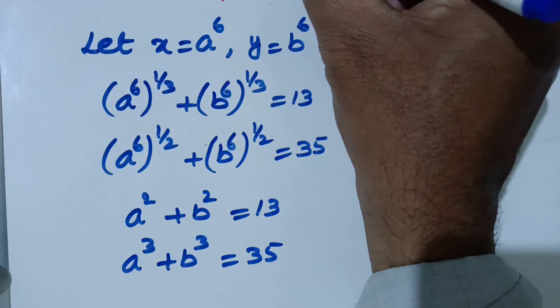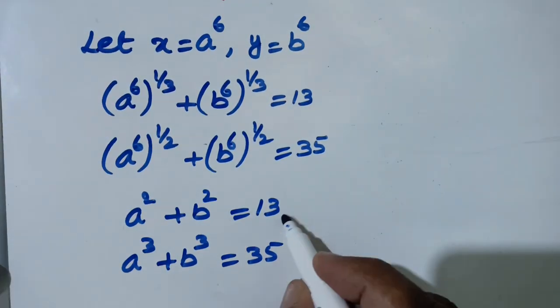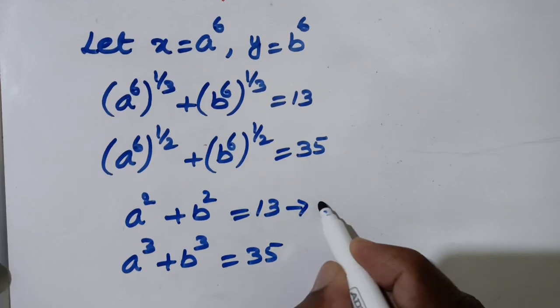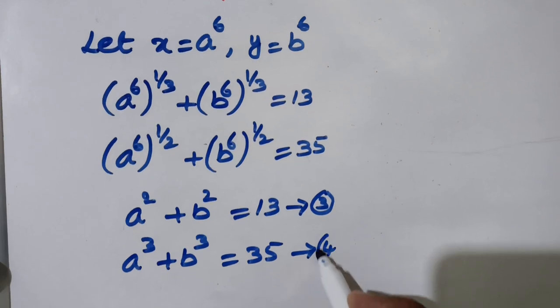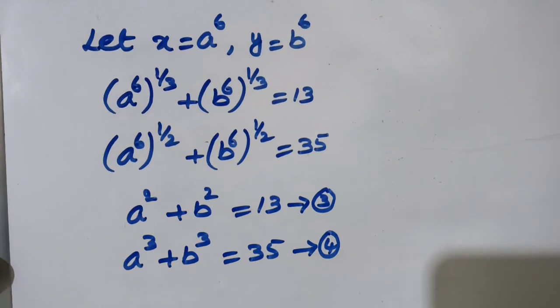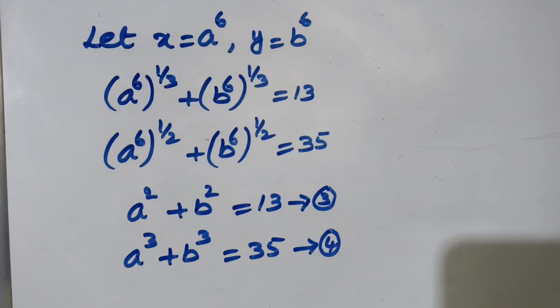If the given equations are denoted by 1 and 2, then these equations I can call equation 3 and equation 4. We have to solve these equations. The values of x and y I have to get, and x and y are now in terms of a and b.